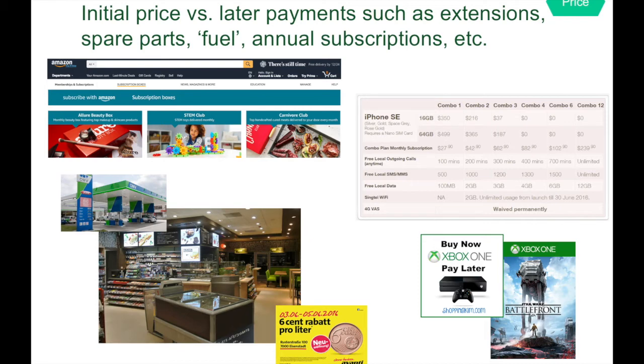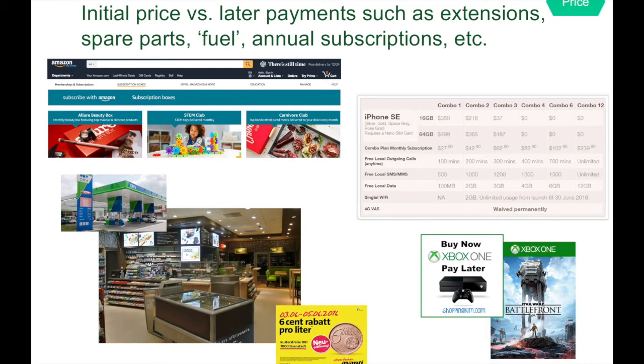So on the left side, the combo one, the combo two is rather inexpensive, the plan is inexpensive, but the services that you get are limited, or the price that you have to pay for the iPhone is high. And the more you go to the right hand side, the higher is your monthly subscription. So that's the third line.